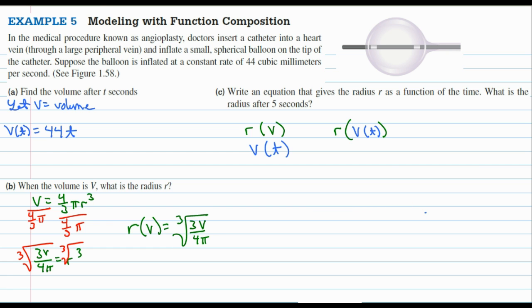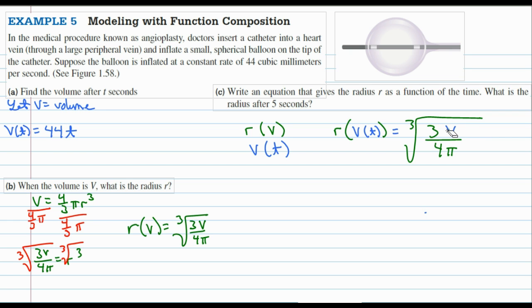I'm going to take the radius function, the cube root of 3V over 4 pi, and compose the V of t function in there, 44t. Now I have a function of radius whose input is time.